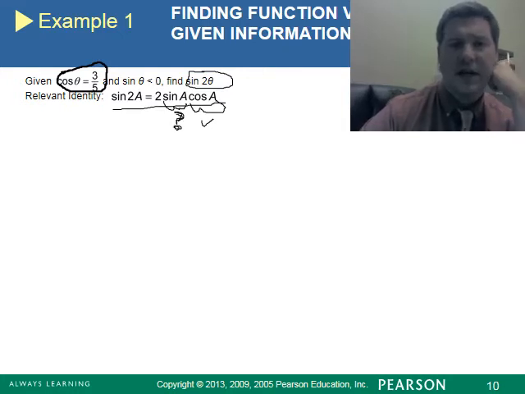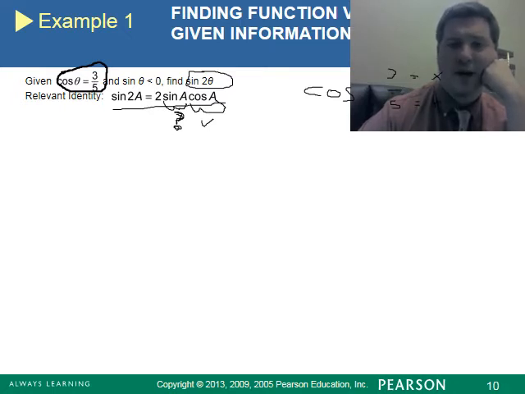There are a lot of ways to find it. Well, my personal favorite is to look at this and say, okay, if cosine is 3/5, well, if you recall, cosine is x over r, so we've got these two values.